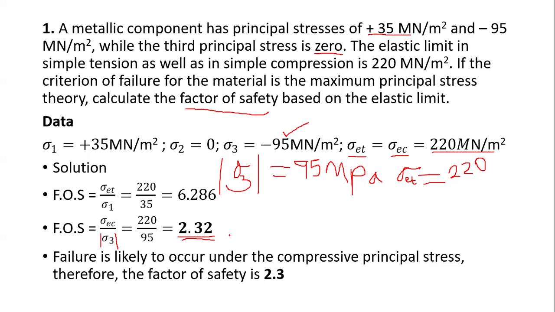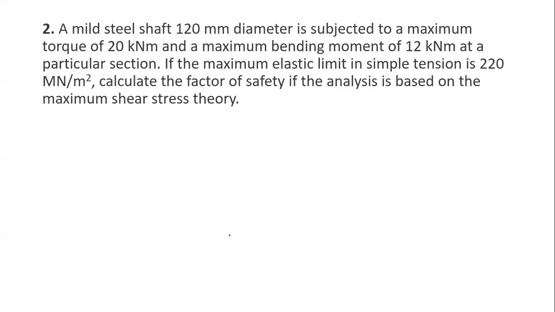But in our discussion, we picked two. The first one was the maximum principal stress. Then we also had the maximum shear stress theory. Let's look at an example that will apply the latter.